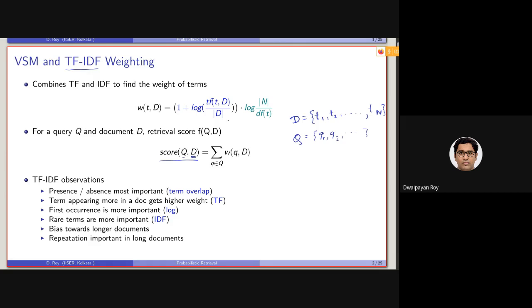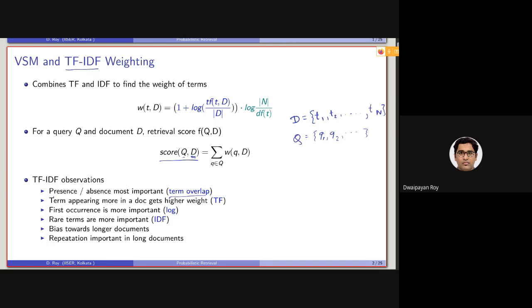Now if we follow this term frequency, inverse document frequency term weighting in the vector space model, we have seen that the term overlap is basically considered. This term overlap indicates the presence or absence of a term contributing towards the scoring of the document or not.